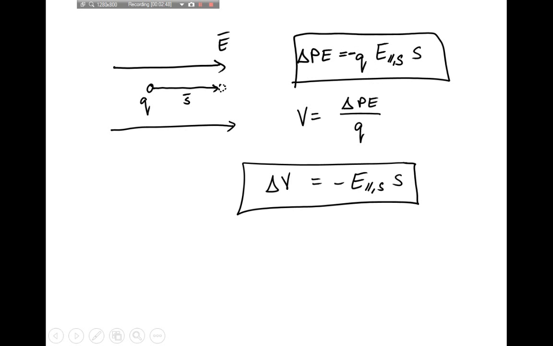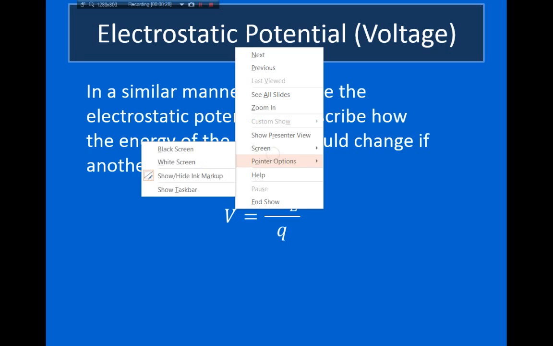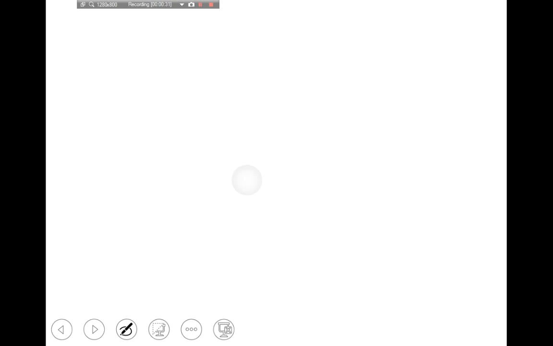So at this point, we've introduced 4 different quantities. We've talked about the force that is exerted between charged particles. We've also talked about the potential energy associated with a group of charged particles. And we've talked about the electric field and the potential. And at this point, I want to just step back and look at the relationship between these 4 quantities. So we have some quantities that describe the force that is exerted between charged particles.